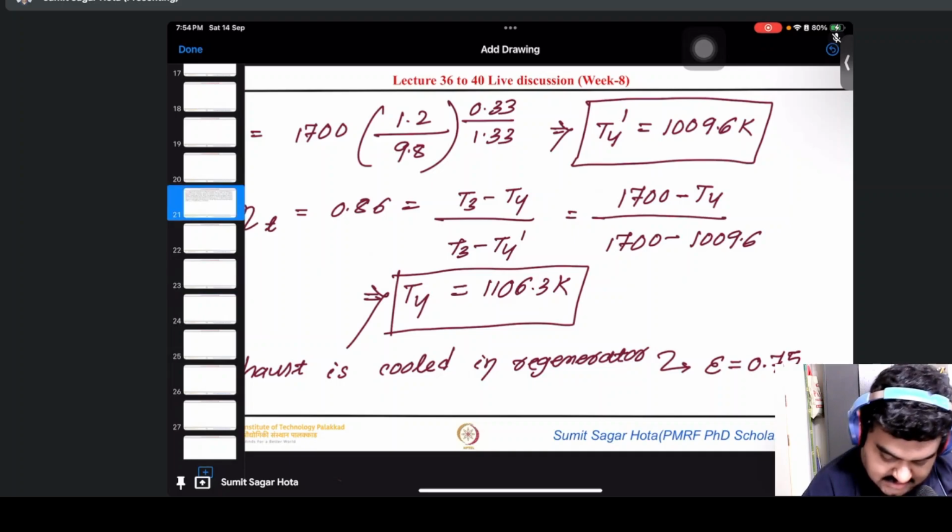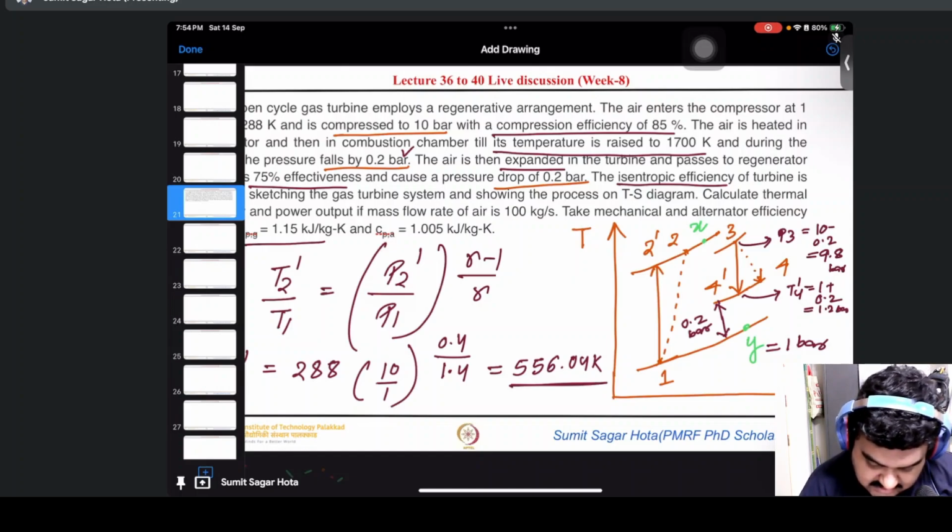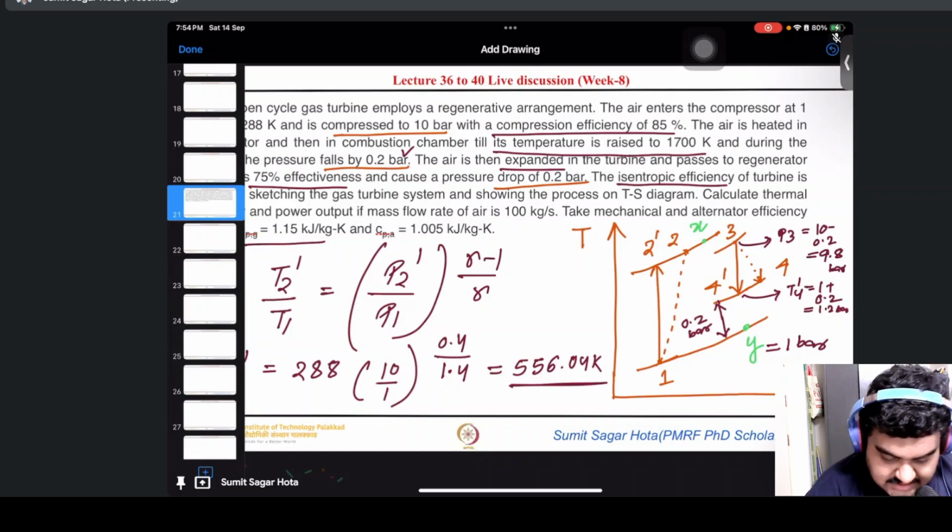When there is a heat input, instead of 2 to 3, regeneration occurs from point 2 to x and 4 to y.